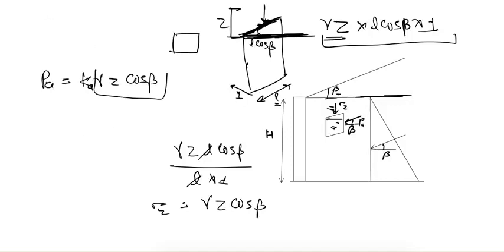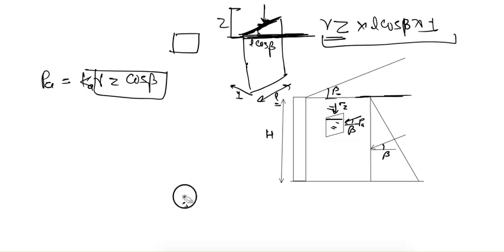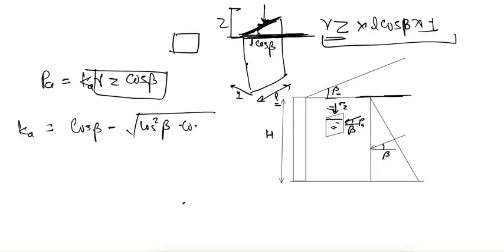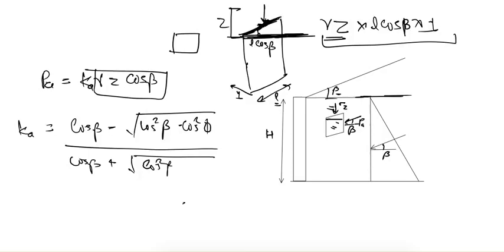Here gamma z cos beta is the vertical stress, and the active earth pressure coefficient Ka is given as cos beta minus the square root of cos square beta minus cos square phi, divided by cos beta plus the square root of cos square beta minus cos square phi.